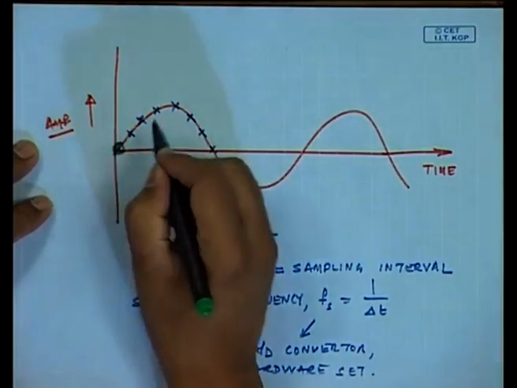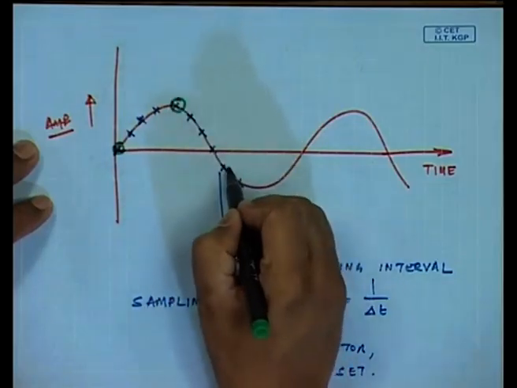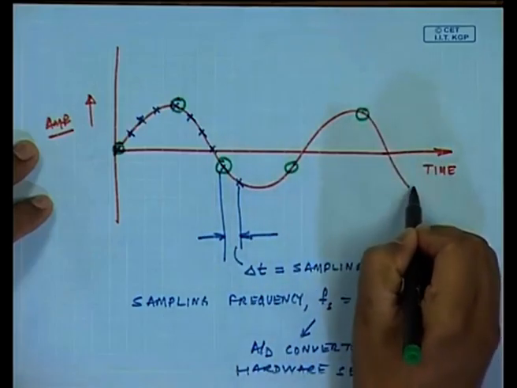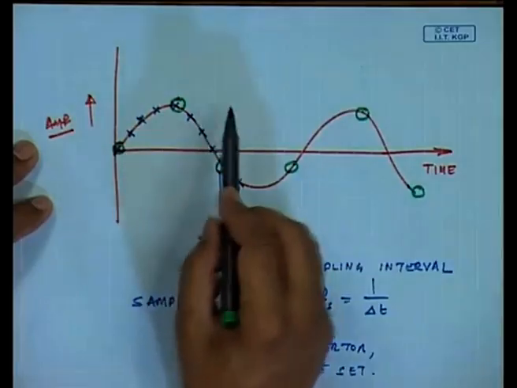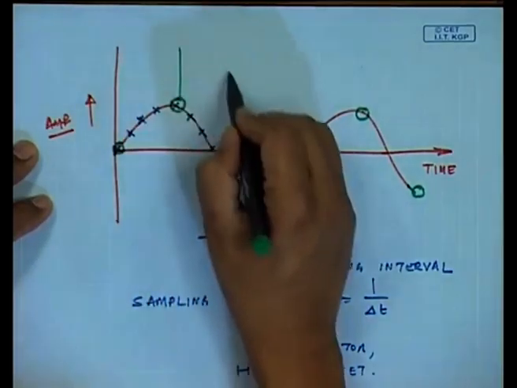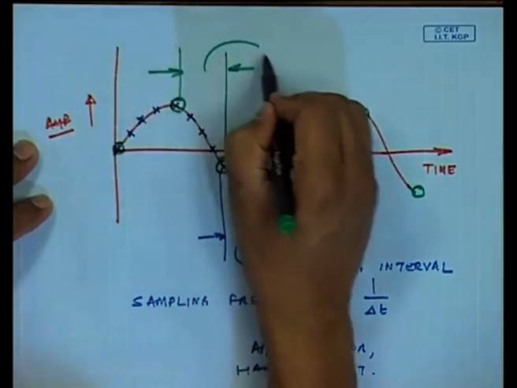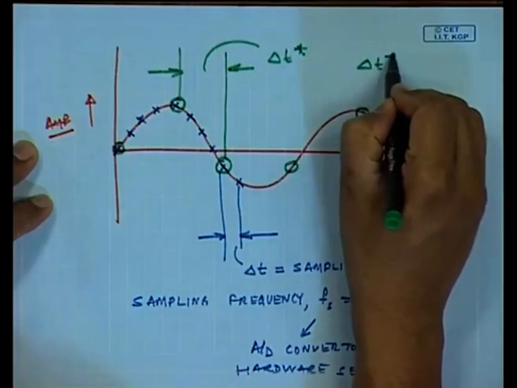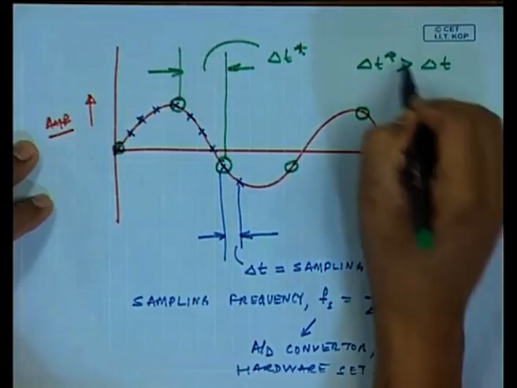Now, it so happens that the sampling frequency of my A to D converter is such that I can sample here, shown by the green circle, another here, another here, and so on. So my computer samples at some other new interval, say delta t star, where delta t star is greater than delta t.